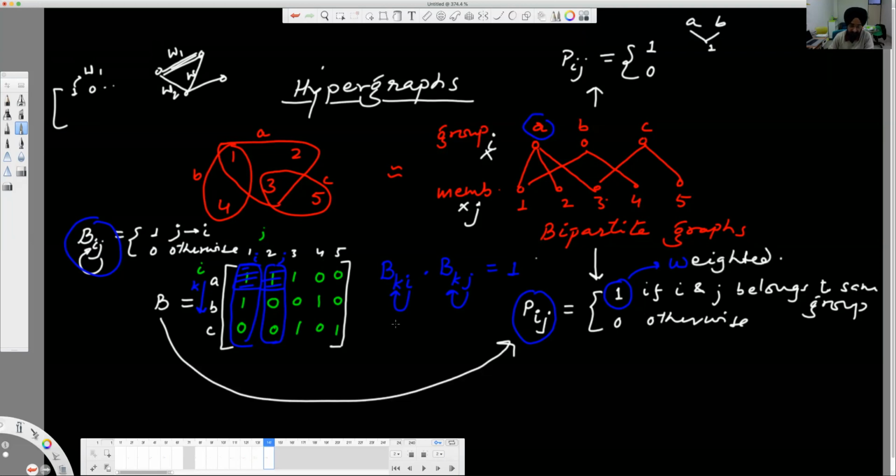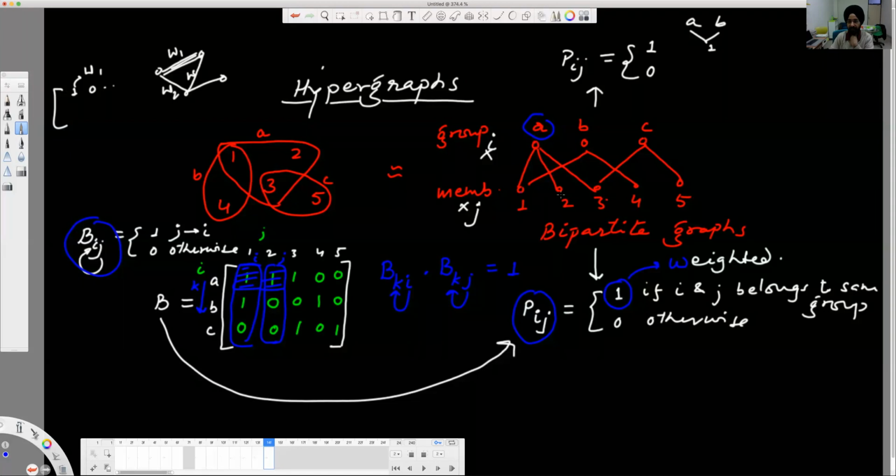So now, if I want to get this weight, how will I get it? This has to be the sum. If nodes 1 and 2 have only one group in common, then it's just weight 1.